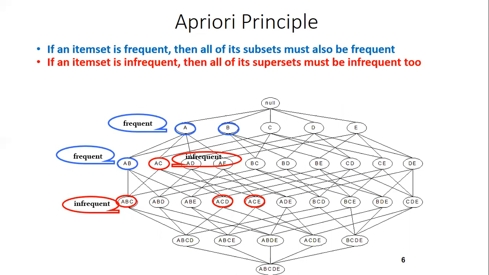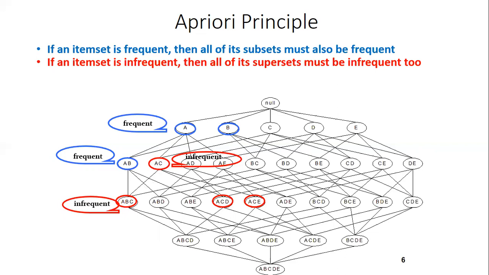The main idea is that if an item set is infrequent, then the baskets which contain that infrequent item set, that is its supersets, can also be eliminated and will not be considered for candidate generation. That step we call pruning.